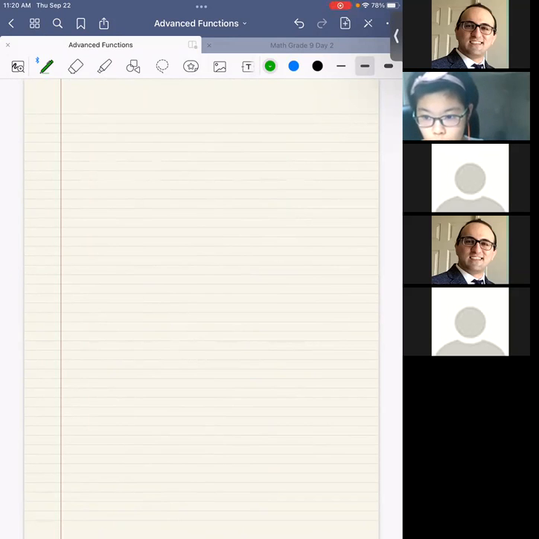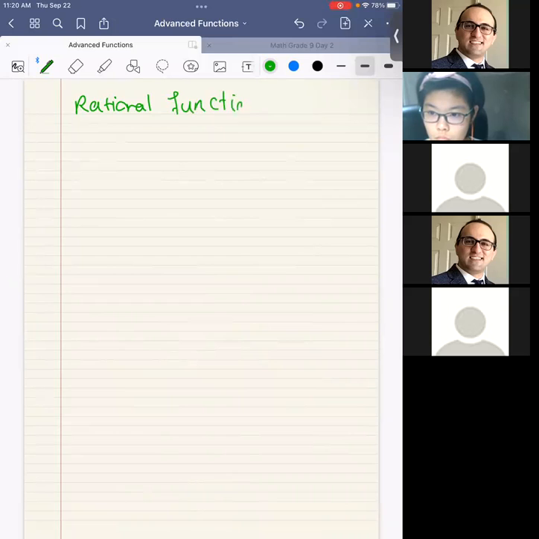Now, another thing that I wanted to review is that we also have rational inequalities. Remember that we have rational functions. What is a rational function?